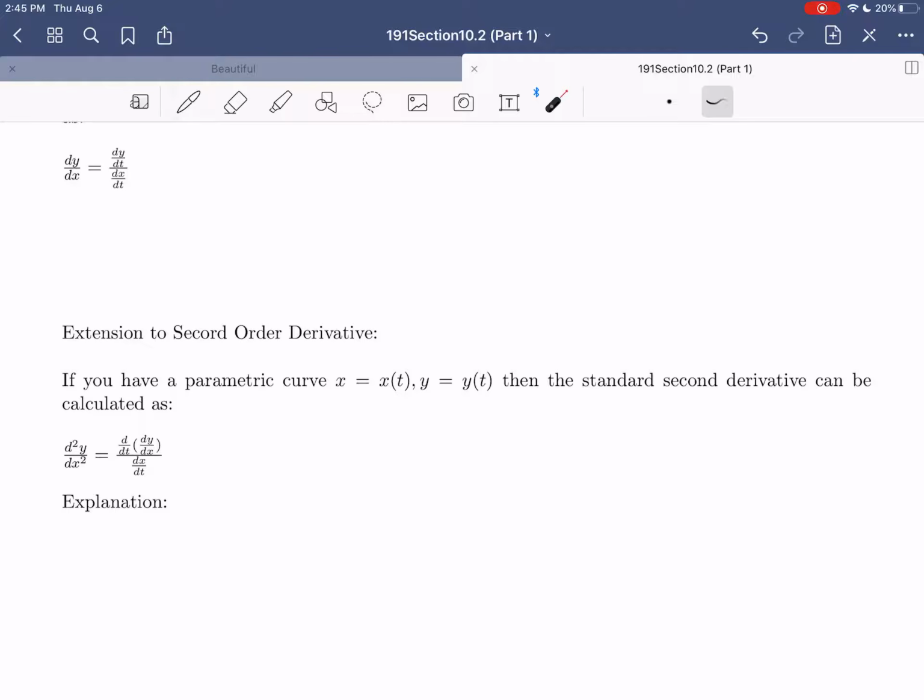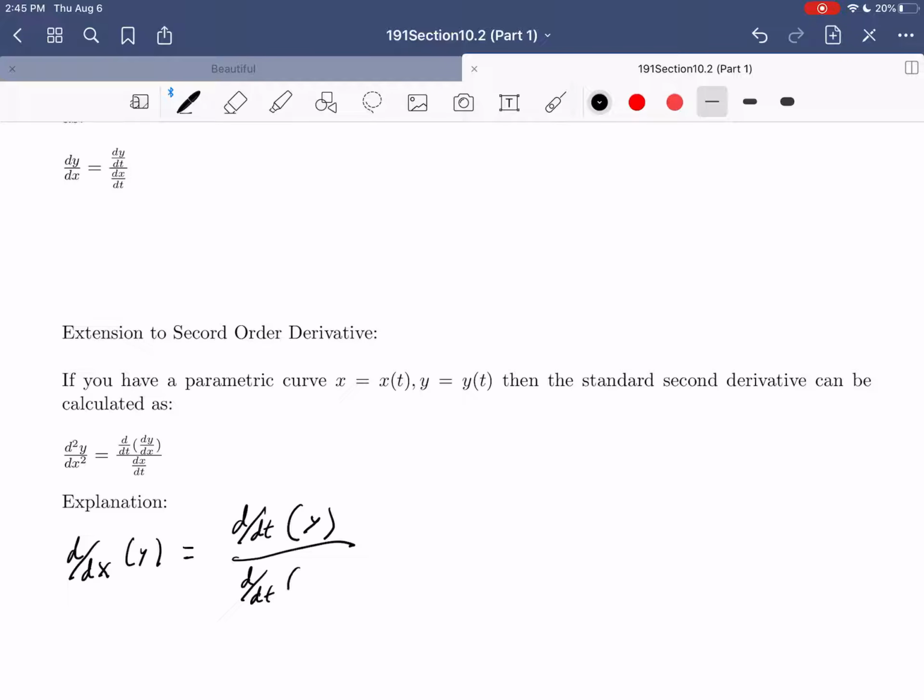What's the explanation for that? Well, again, in our standard formula, we're basically saying that the derivative with respect to x of y equals, just writing this out a little bit differently, the derivative with respect to t of y over the derivative with respect to t of x, right?